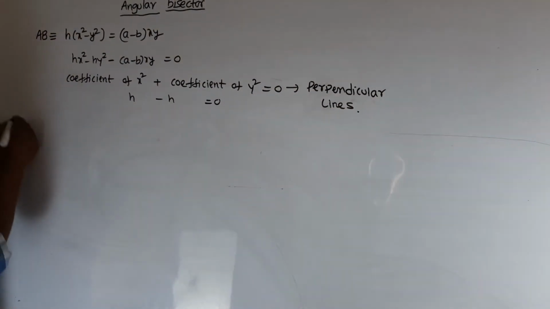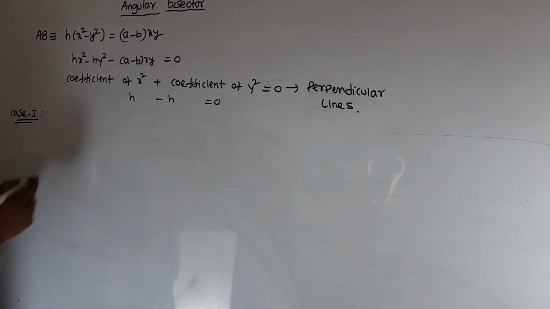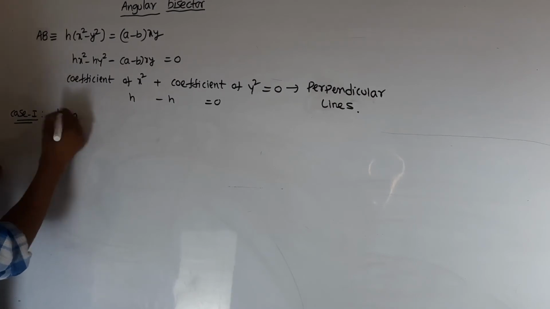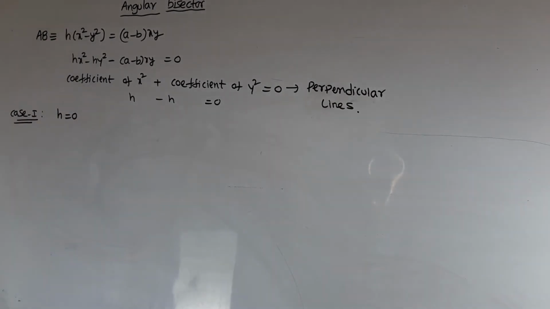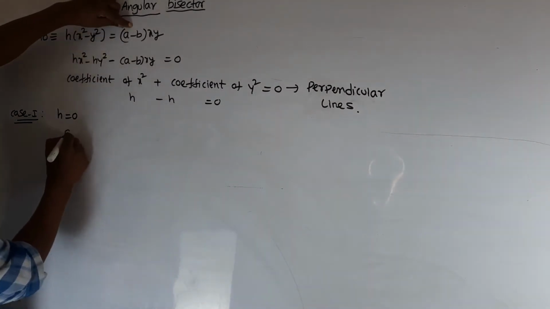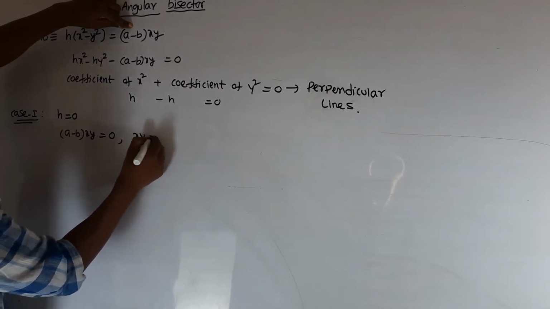Perpendicular lines. First case 1: h equal to 0. H equal to 0, entire term is 0. Now a minus b into xy equal to 0. So xy equal to 0.